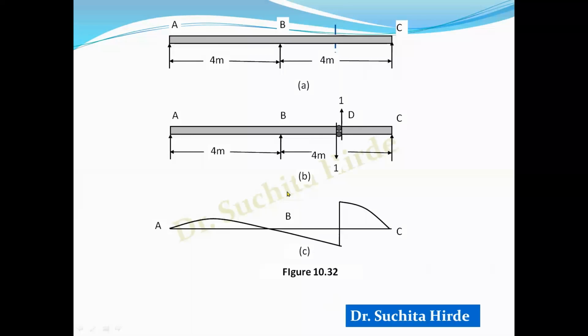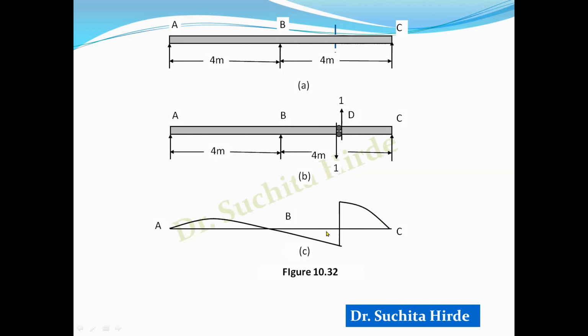Now let us solve this problem. We are interested in calculating the ordinates at 1 meter interval. Now our problem is reduced to this. We are interested in drawing the deflection curve due to this unit force, and the deflection curve will be something like this.